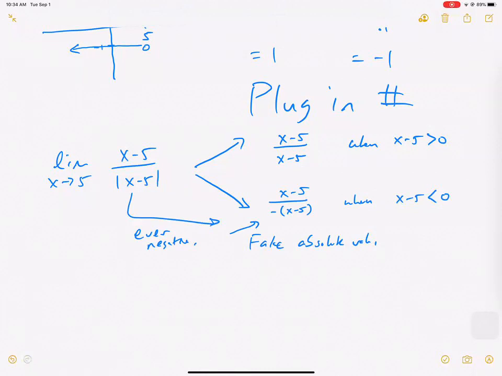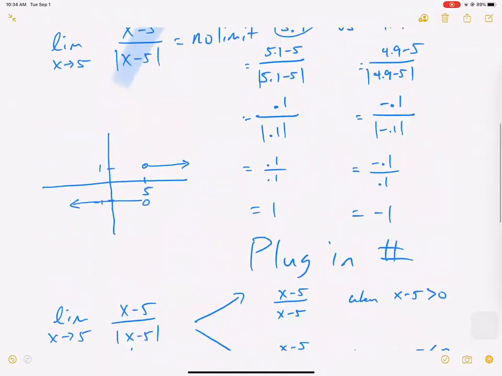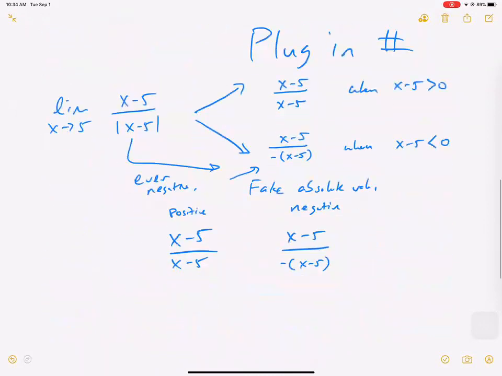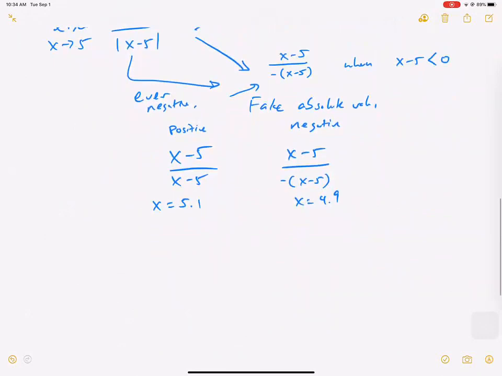Now, just to demonstrate this, I'm going to show you guys using our past equations. This is my positive right version. This is my negative version. And I want to see, does it give me the same answers as before with the absolute values? We're going to plug in x equals 5.1 and x equals 4.9, just to prove to you that this will give us the same answers except without absolute values.